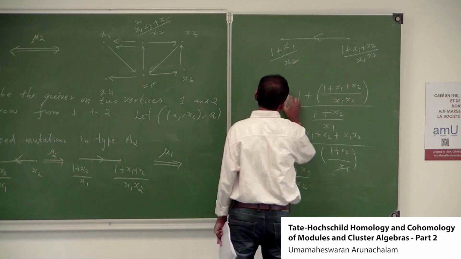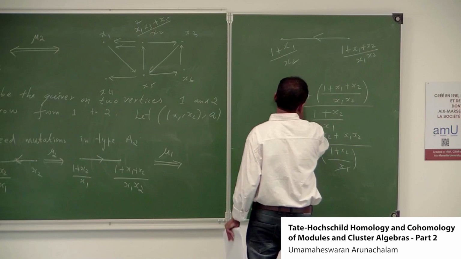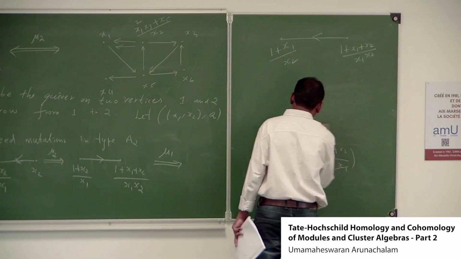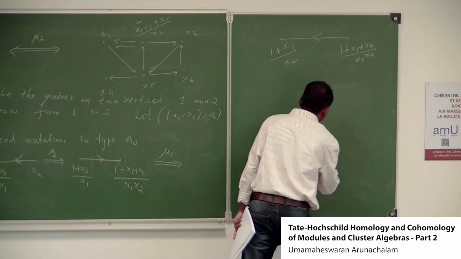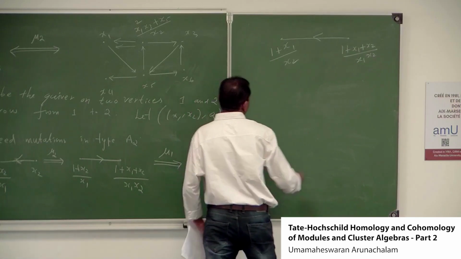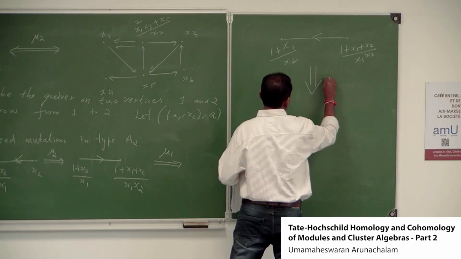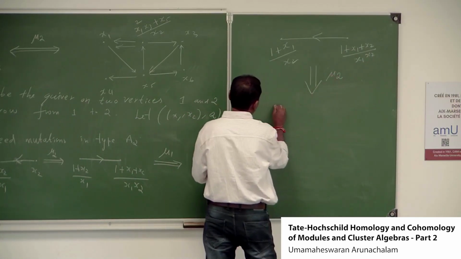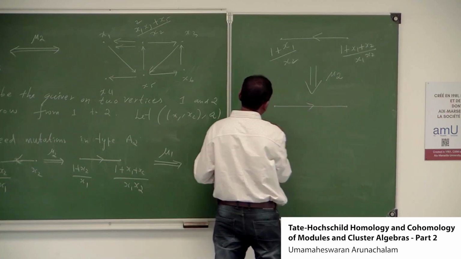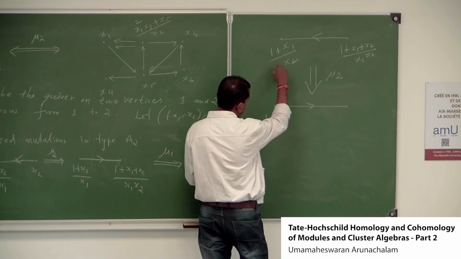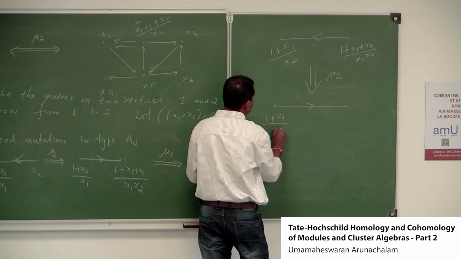Again you have to mutate this. This is mu1. Again you have to take mu2. That means first reverse the arrow here. Here this place we have to keep the same variable, (1 plus x1) divided by x2.